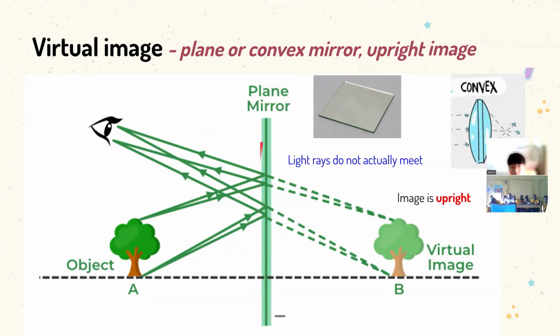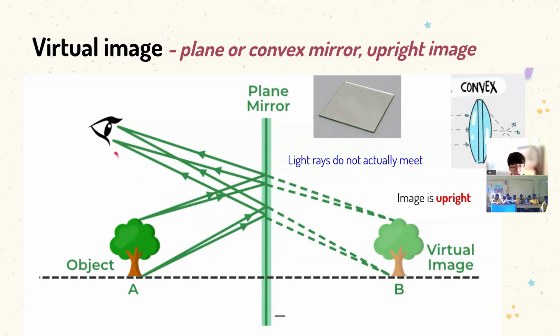So we have, in this case, a plane mirror, just a straight mirror, just any normal mirror that you would see. But when the light reflects off of this plane mirror, or just a convex mirror too, the light bends straight to produce an upright image.